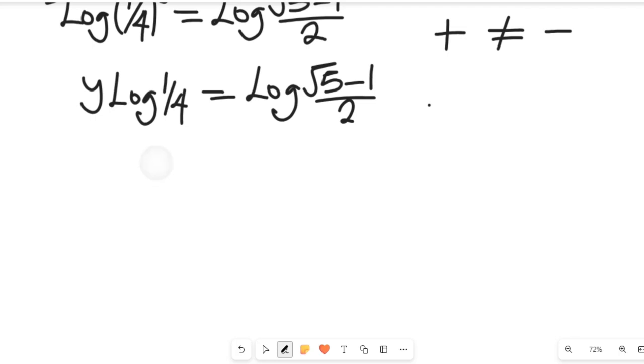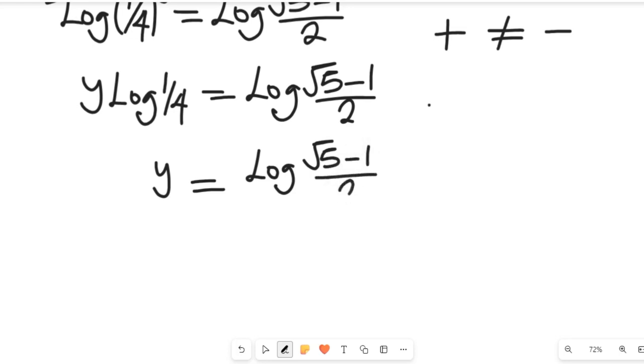So y will be the value remaining on the left hand side, equal to the log of (square root of 5 minus 1) divided by 2, all divided by the log of 1 divided by 4. Now let's simplify this.